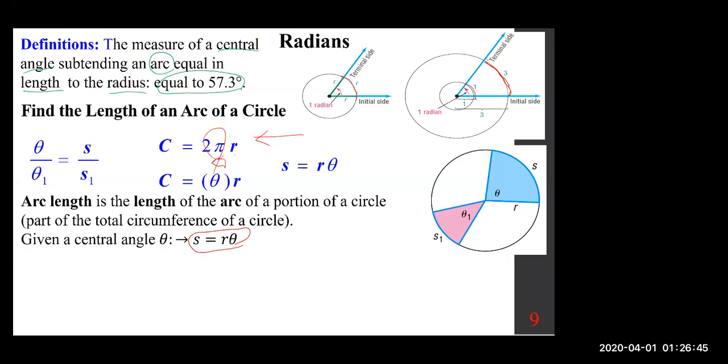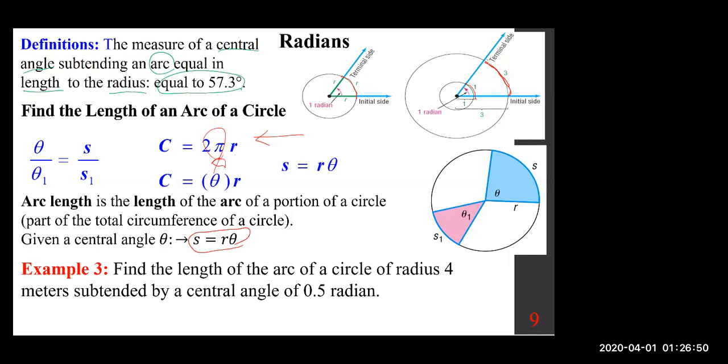So here's a very simple example. We want to find the length of the arc of a circle whose radius is 4 meters. The central angle must be in radians, and that's 0.5.